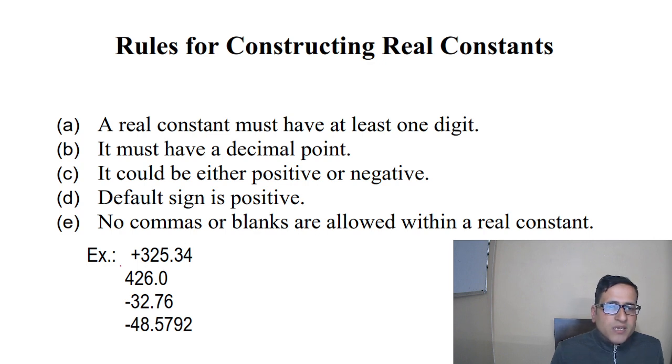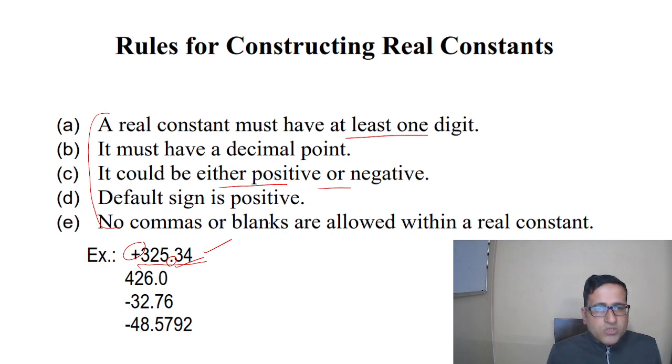So here some examples are given, like plus 3.25.34. We will see that these conditions are satisfied in the example, so this number is okay: it has a decimal point, it has at least one digit, it is either positive or negative, as here the sign is plus so it is a positive number, and no commas or blanks are here, so it is a perfect real constant.